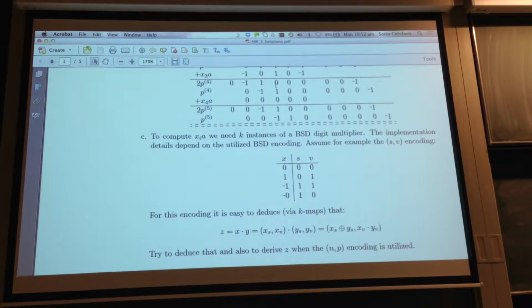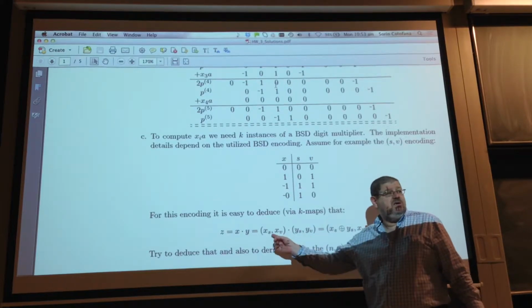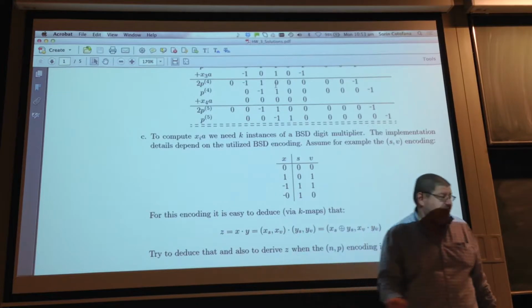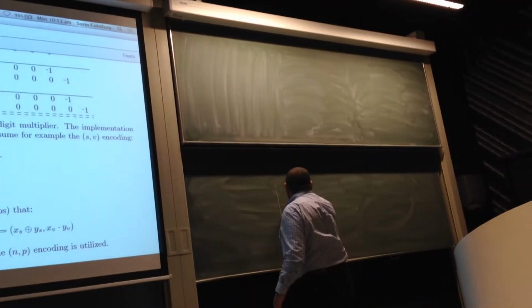Then I will make a K-map, and on that K-map I will have to consider 4 inputs, because I have 2 digits, but each digit is represented by 2 bits. And you remember them, right?